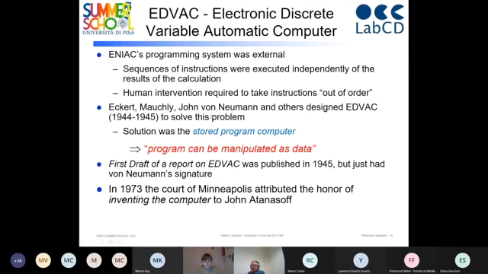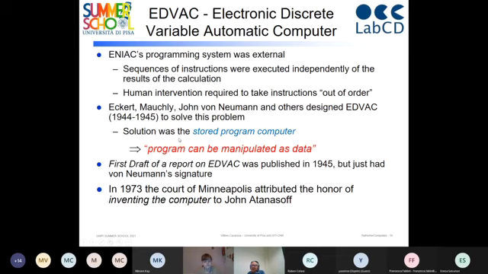The group was led by John von Neumann, and there were other people. However, there was a publication in 1945 describing this new architecture that did not mention the name of John Atanasoff, who claimed he had already built a machine a few years earlier with the same architecture.